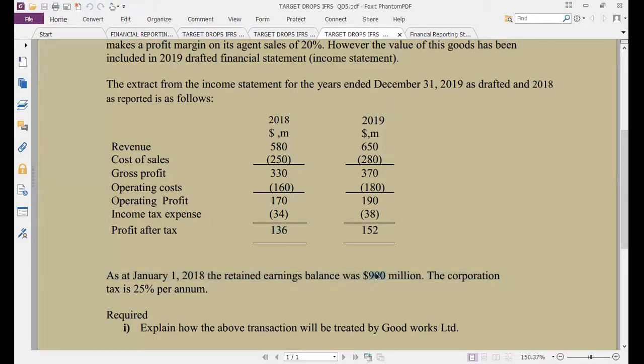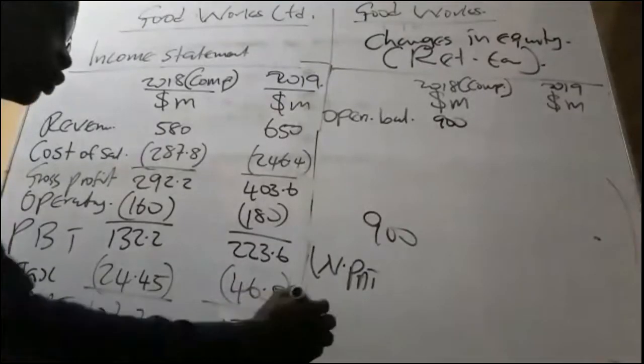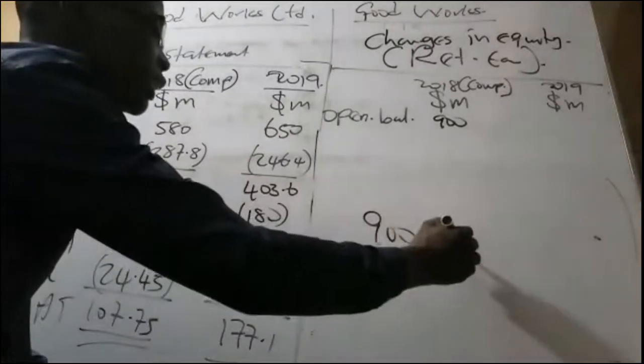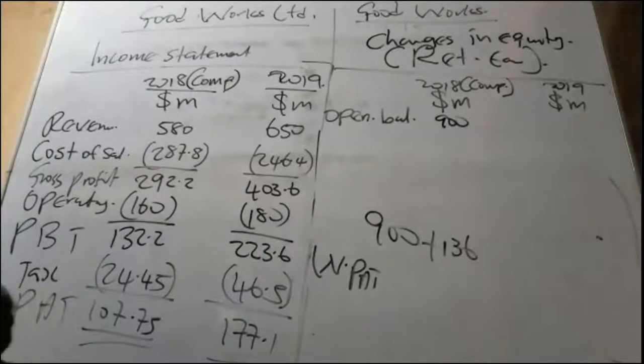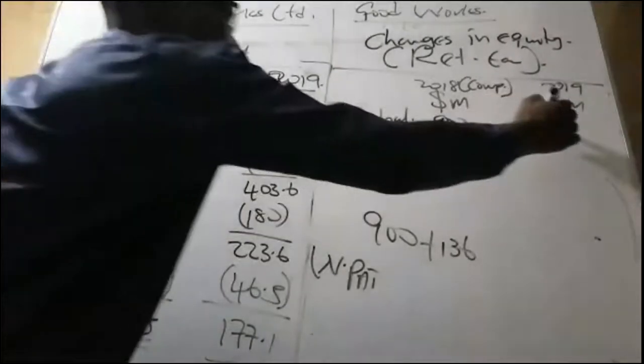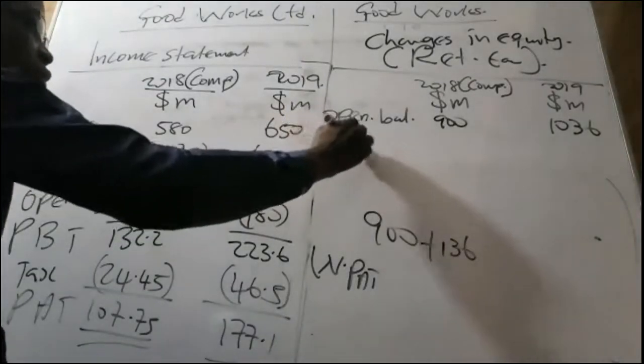It will give you the opening balance, the wrong opening balance. So that will be 900 plus 136, and that should give us something like 1036.